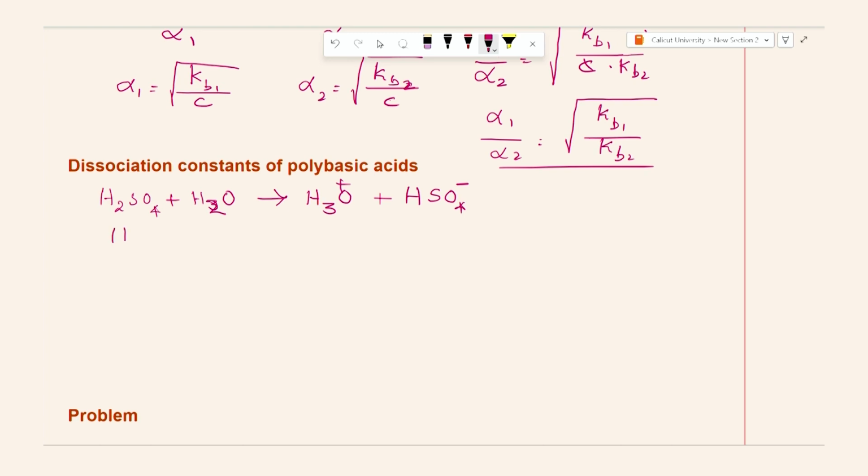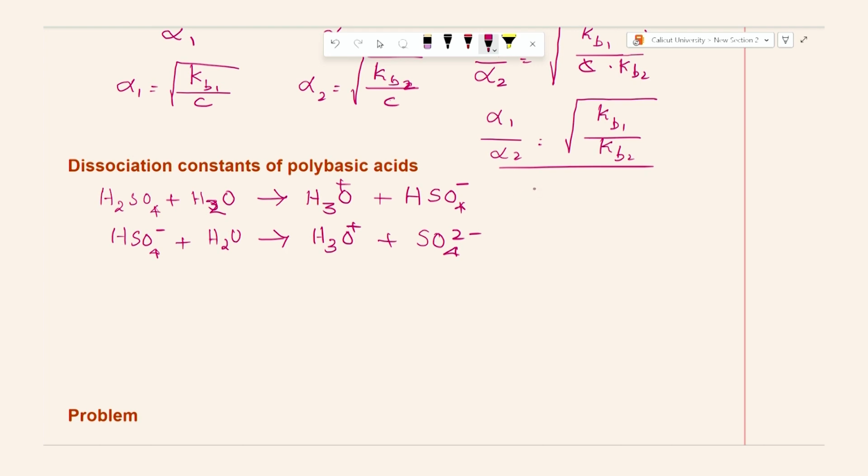Again this HSO4 minus, which is capable of donating a proton, with water gives H3O plus, again water takes one more proton and finally results in SO4 2 minus. Now, this ion does not have any hydrogen ions and therefore, there is no further ionization.